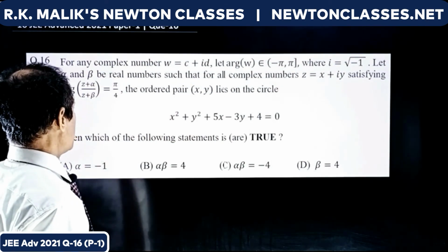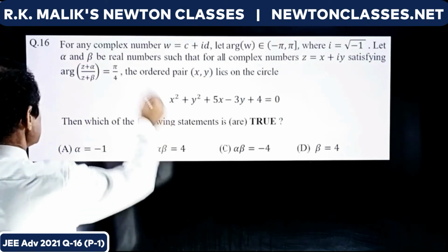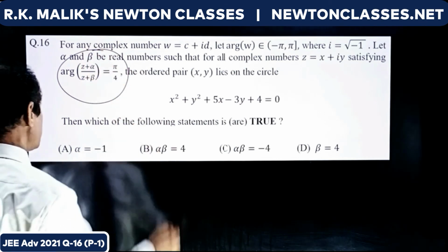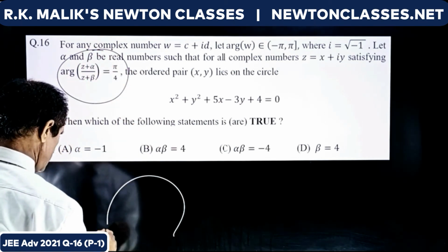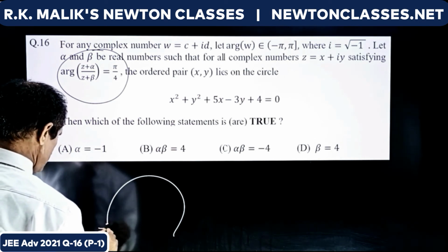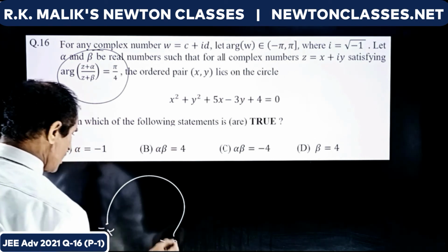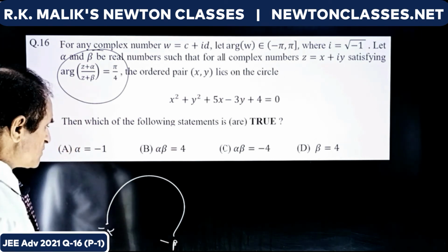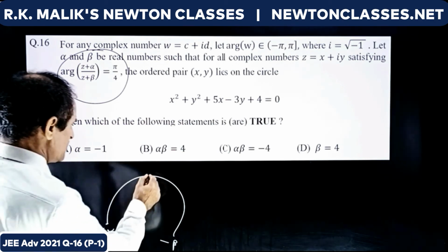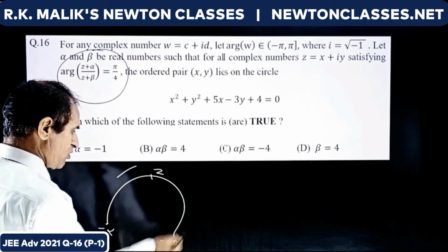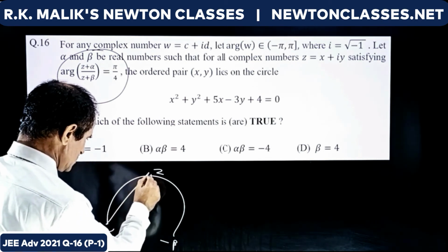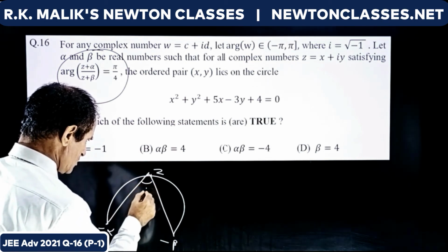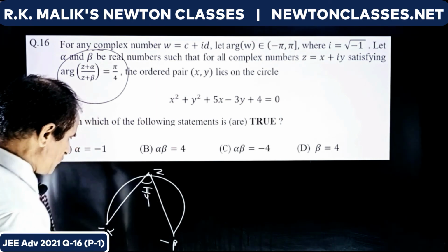According to the concept I just now told, this equation represents a part of a circle, say this, and minus alpha and minus beta are the affixes of the endpoints of that part, and z is anywhere on this part, and the amount of this angle is pi by 4.